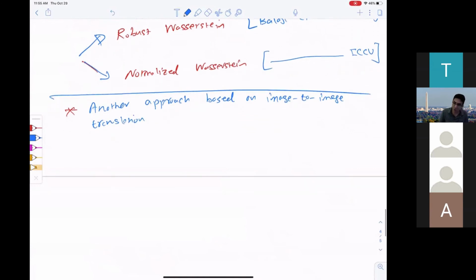Specifically, we are going to focus on a method called CycleGAN, which is a very popular method for translation between unpaired images, introduced, I believe, in 2017.